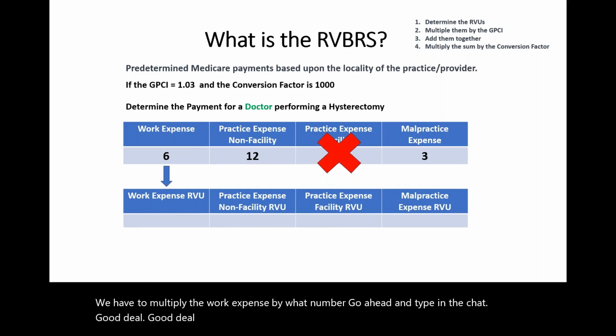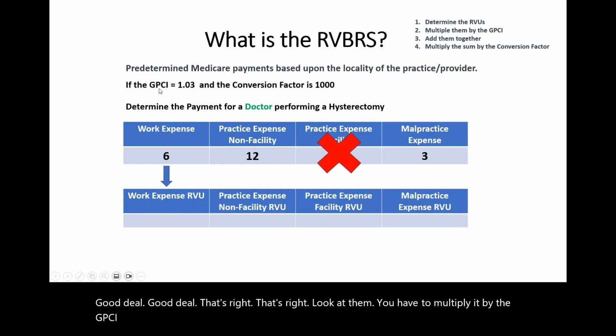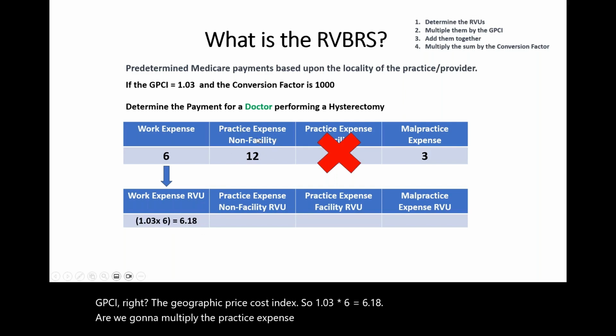That's right. You have to multiply it by the GPCI, the geographic price cost index. So 1.03 times 6 equals 6.18.